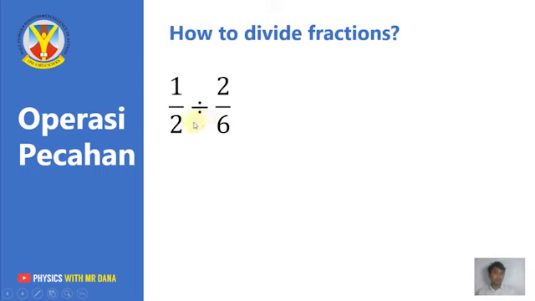We cannot divide fractions directly, so we need to change divide to multiply. We have to change divide to multiply because we cannot answer this problem directly. How? You need to change divide to multiply by flipping the second fraction.